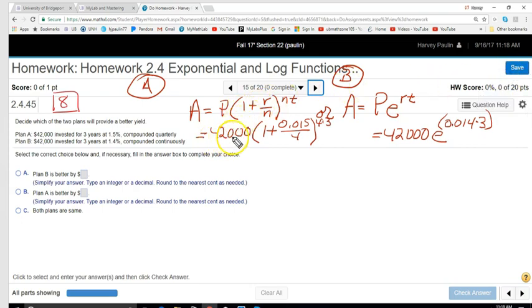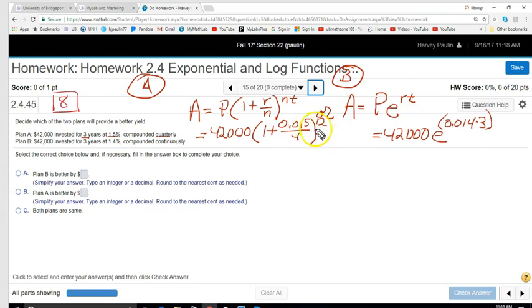So there's our 42,000 times 1 plus our rate, which is 0.015 when we convert that to its decimal form. Quarterly is 4, and it's for 3 years. So 4 times 3, we can convert that to a 12 here to make our calculation a little easier.